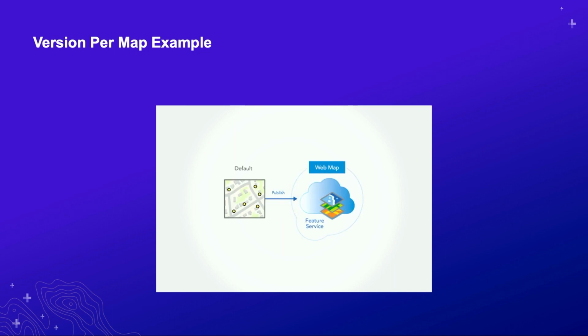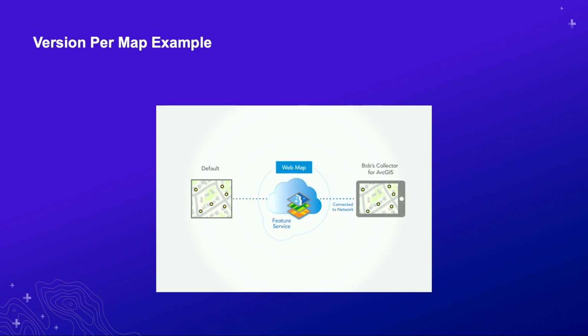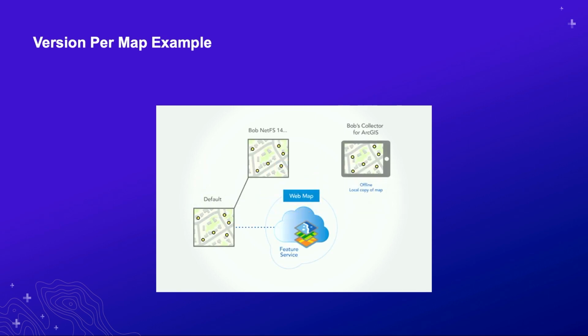So we have our default version that's included inside of a web map, and there's a feature service there connecting to my version data. When that map goes offline, in this case Bob's Collector, then it creates a version on the server called Bob, the name of the feature service, and then a unique identifier.